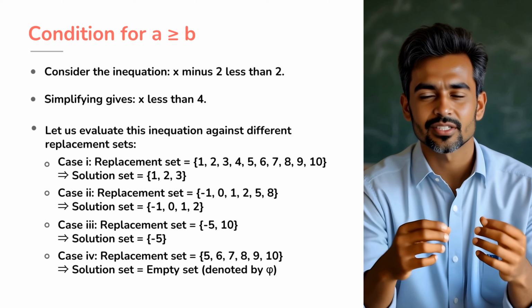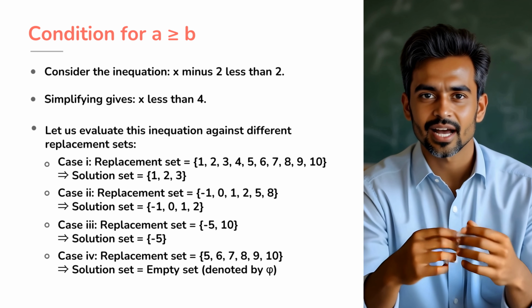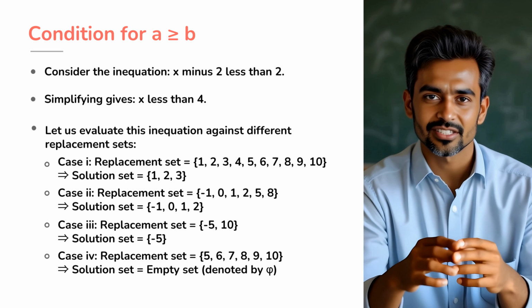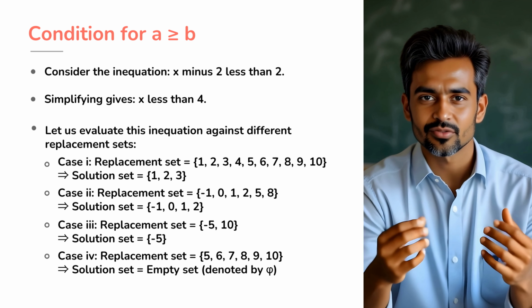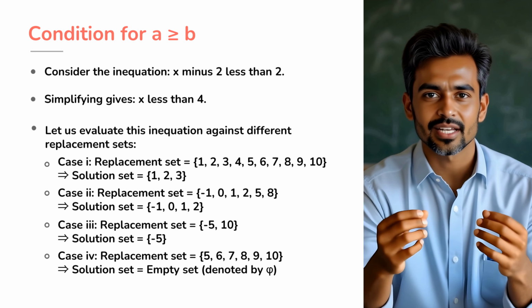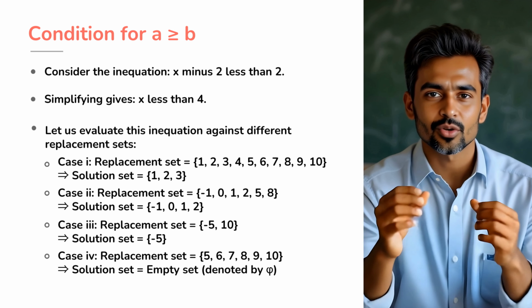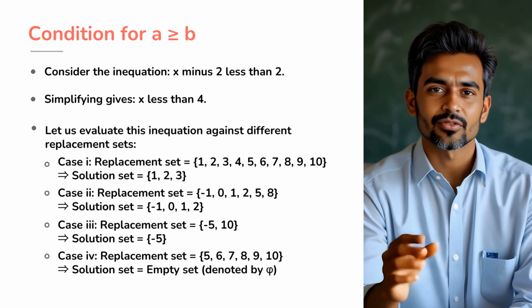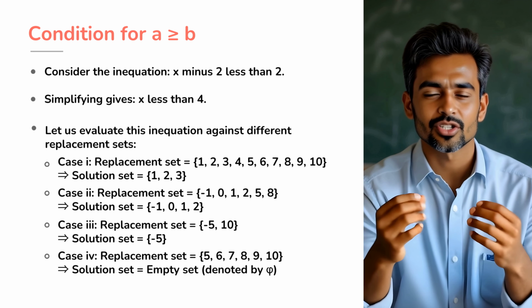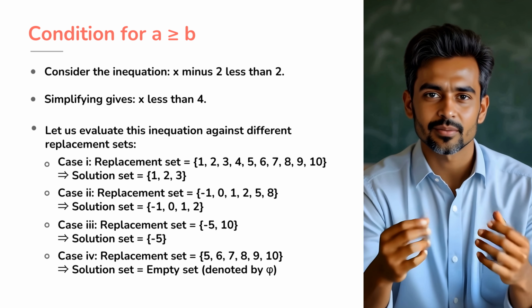If both numbers are equal, like 2 by 7 and 2 by 7, then the difference is 0, and that still satisfies the condition. This form, like the previous one with less than or equal to, includes equality as well as greater than conditions. It's frequently used when dealing with ranges or limits in inequalities.